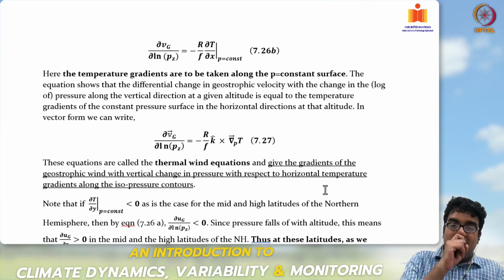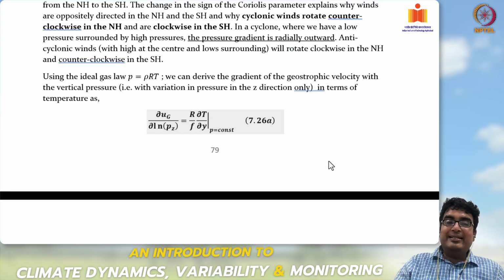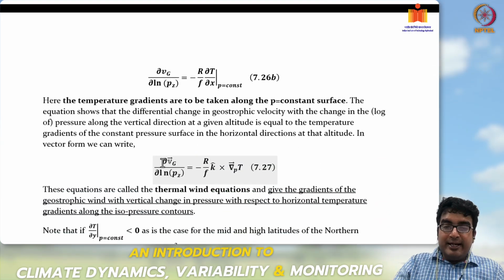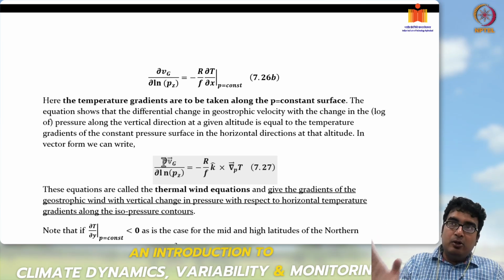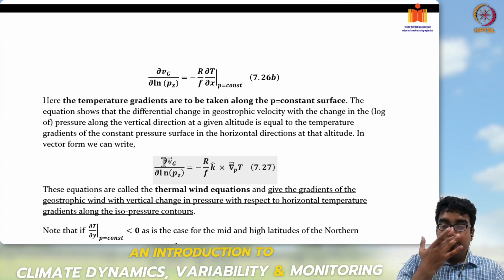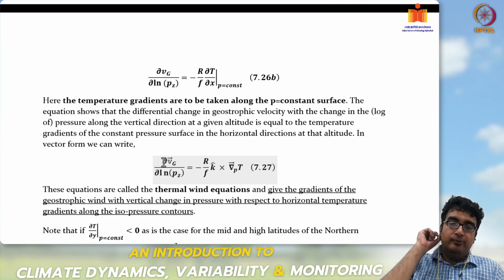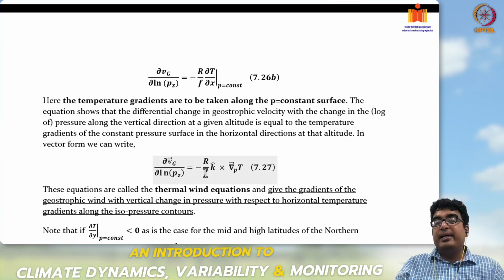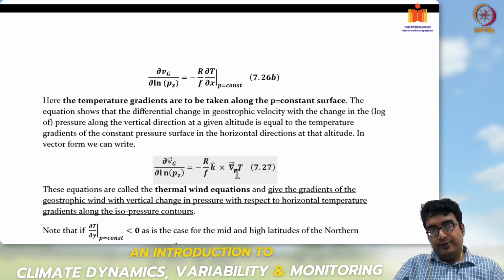And in vector form, again, we can write this as a cross product. Gradient of the geostrophic velocity vector with the gradient of the log of the vertical component of pressure at a given altitude is equal to minus R by f, f is the Coriolis parameter, times k hat cross gradient of temperature along a constant pressure surface.